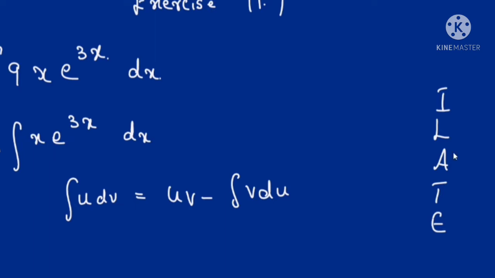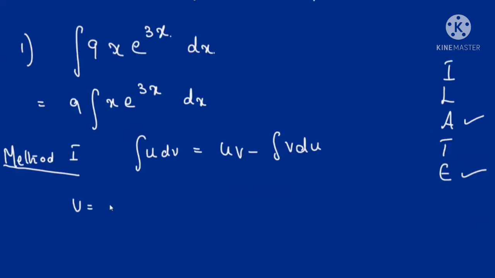Algebra comes first, exponential comes later. So choose u as x, and dv as e power 3x dx.